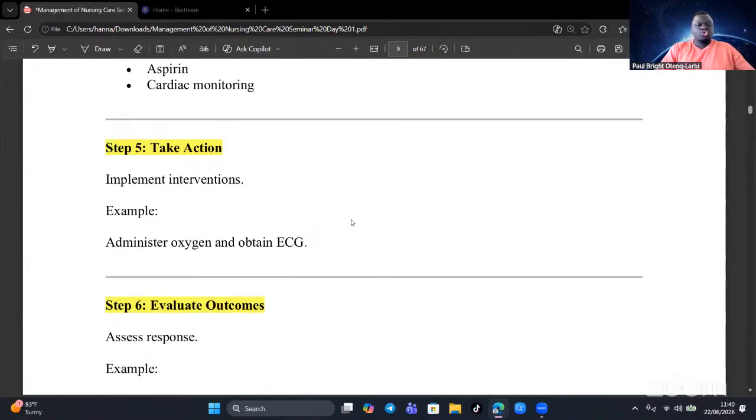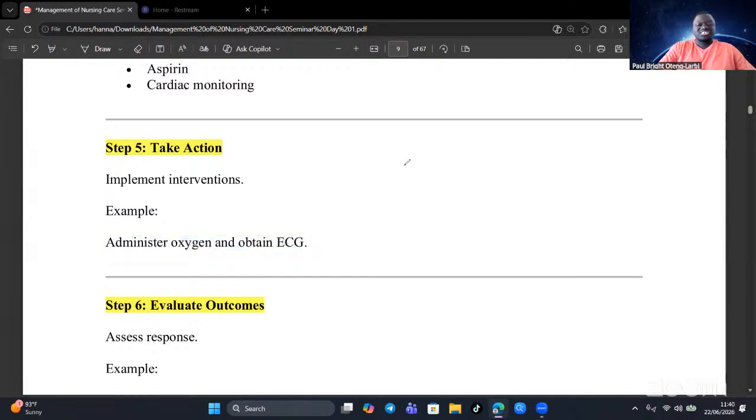Administering oxygen and obtaining an EKG, the nurse cannot prescribe on his or her own, so she depends on the doctor to do it.